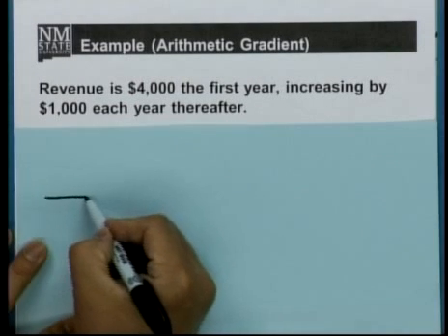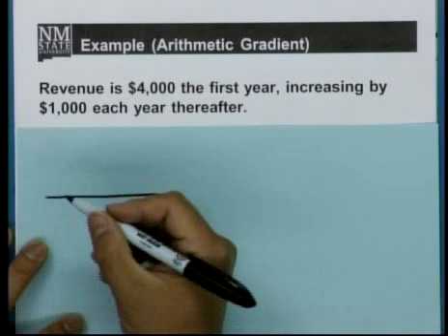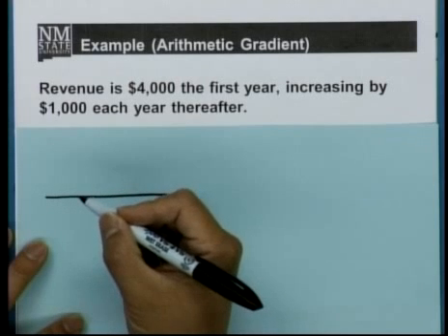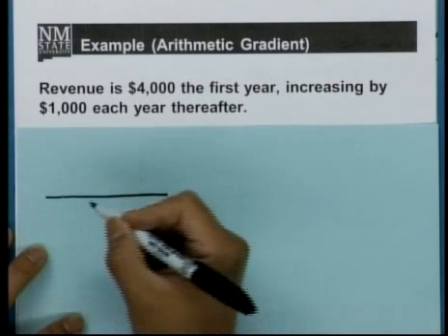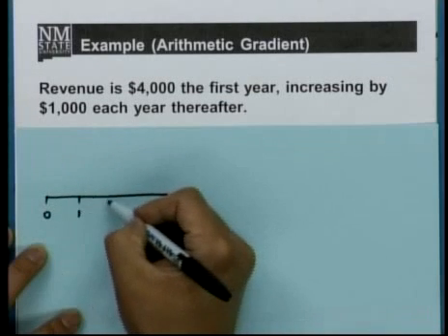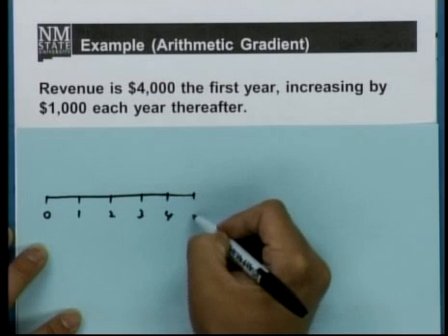So in this case, the arithmetic gradient is the $1,000 per year change in cash flows, right? So starting from 0, 1, 2, 3, 4, and 5.